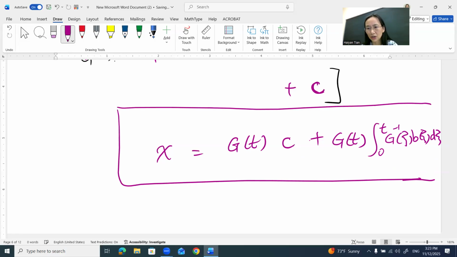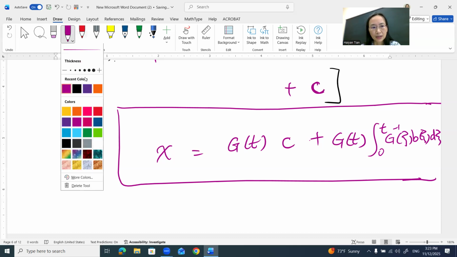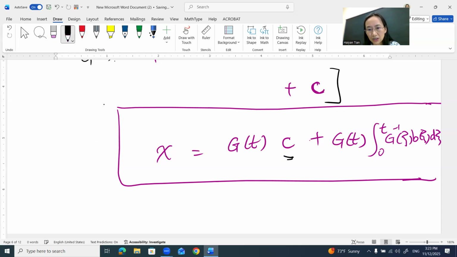And for whatever choice of the column C, it is going to be a solution to the non-homogeneous problem.